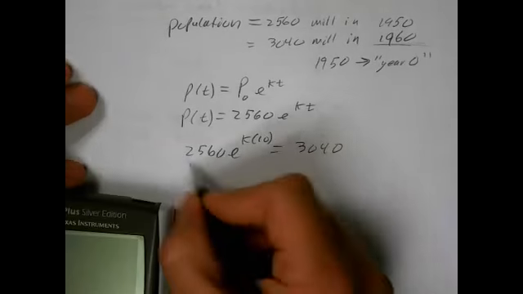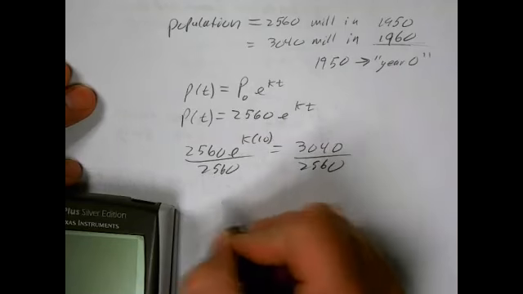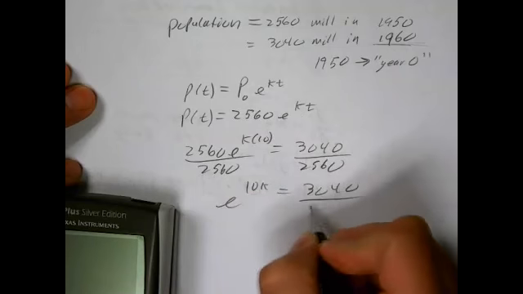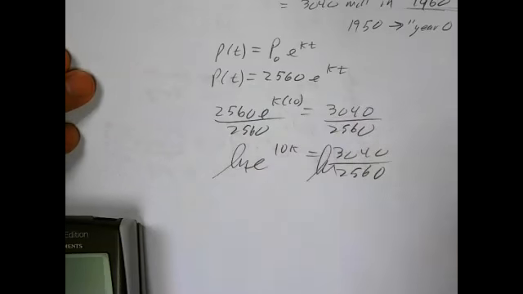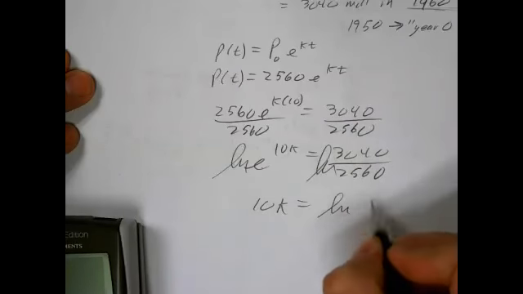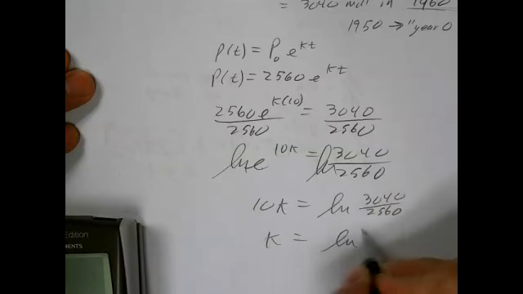So I would divide both sides by the 2,560. And then to solve for k, I'm going to take the natural log of both sides. Natural log and e are inverses, so I get 10k equaling the natural log of 3,040 over 2,560. And finally, k will be the natural log of 3,040 over 2,560, all divided by 10.